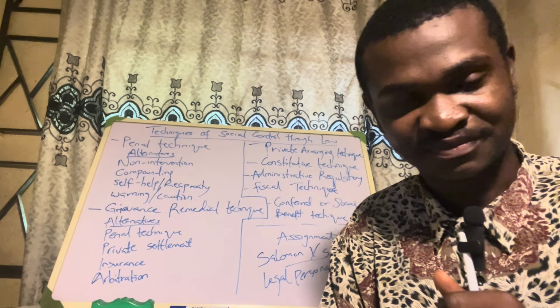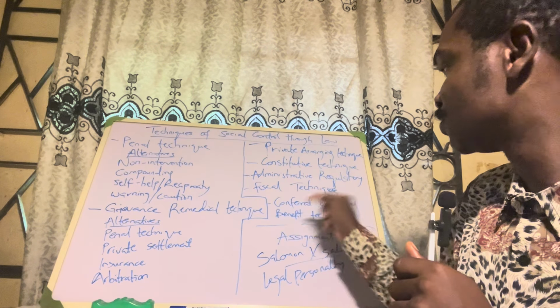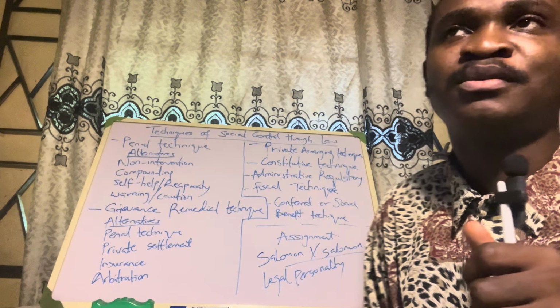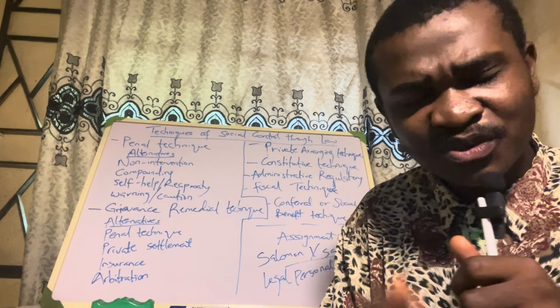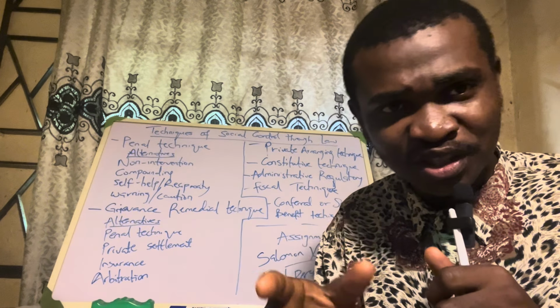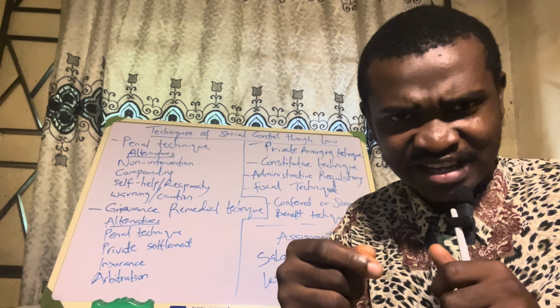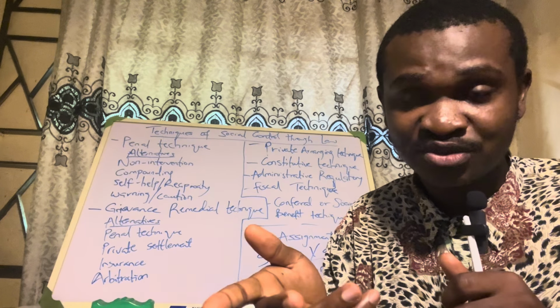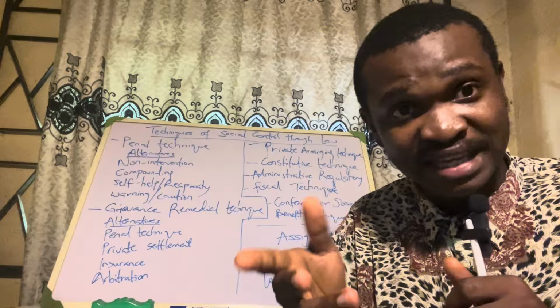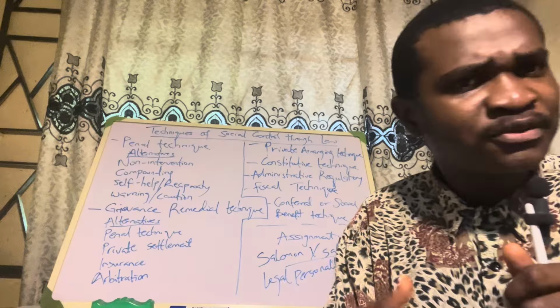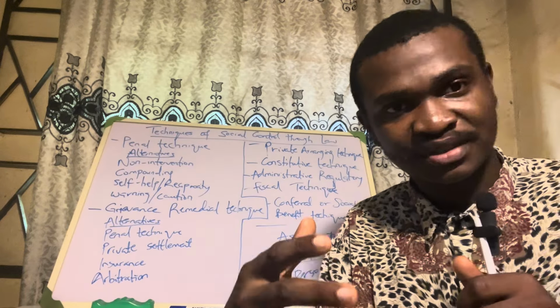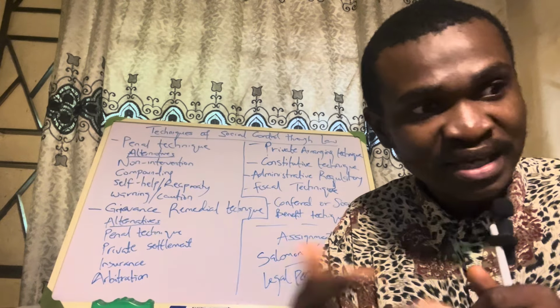Sorry, not tax. Now, conferral or social benefit technique. Most of the times, why do we see that these developed countries look as though they are secure? Because most of their needs as citizens, I mean, social amenities and all that, have been met.